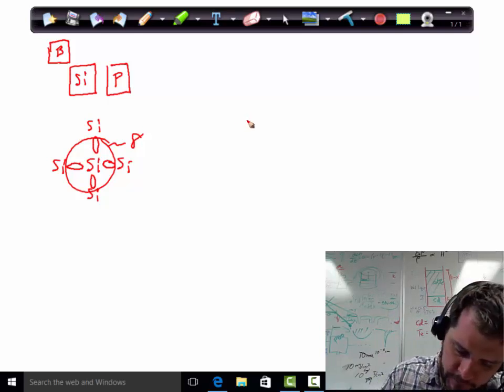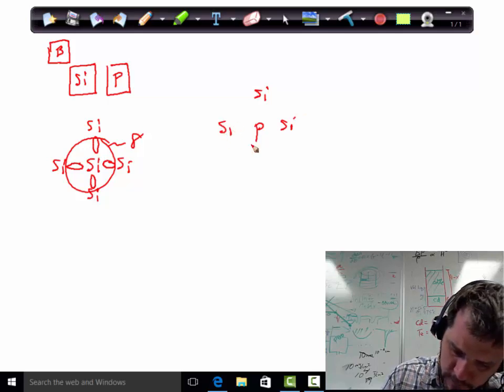Now what if we go in and we replace phosphorus in the place of one of those silicons? And it turns out that in a doped semiconductor, this is typically on the order of 1 out of every million atoms or so being replaced.